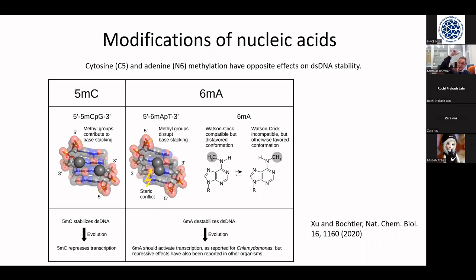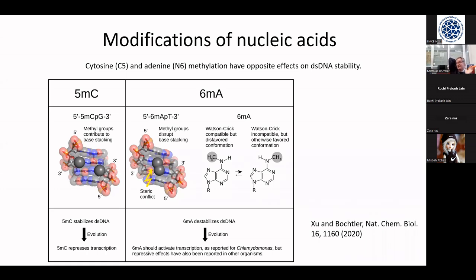And if you look at what 6MA does as an epigenomic signal, there's very good evidence now in primitive eukaryotes, particularly algae, green algae, and the like, that 6MA is actually a strong activatory epigenomic mark. There's also a big literature on 6MA being a repressive mark in higher eukaryotes, but it doesn't make any sense biophysically. And it's now, in my eyes, pretty clear that the papers that claim that, including all the high-profile papers, are completely implausible biophysically.